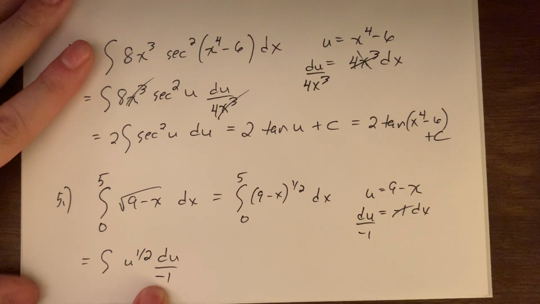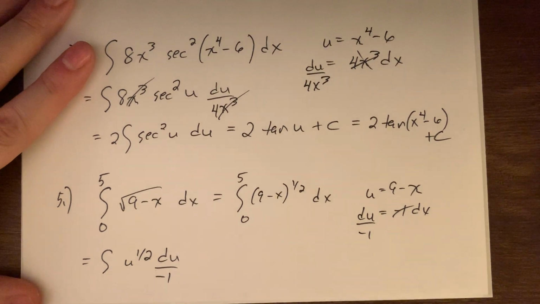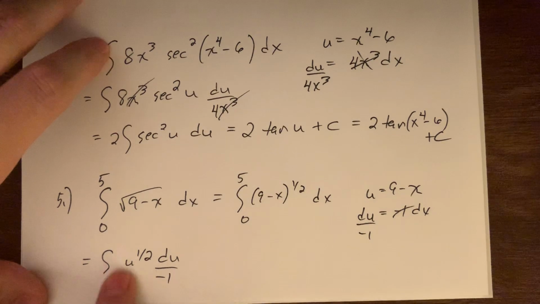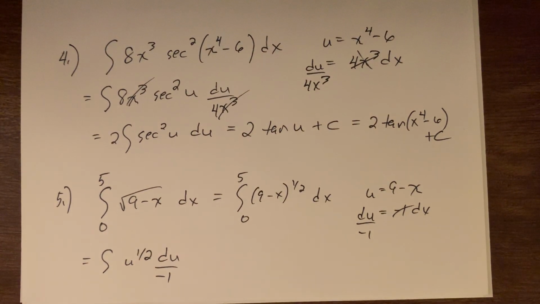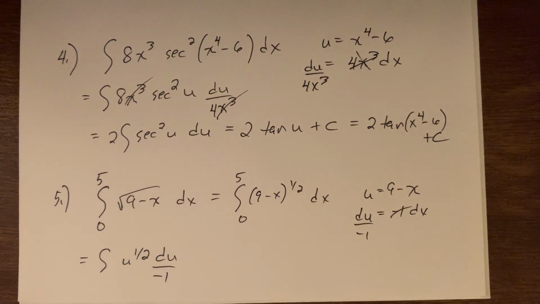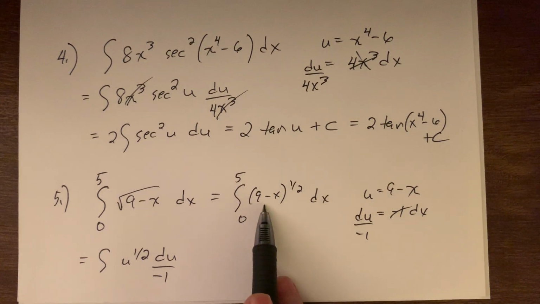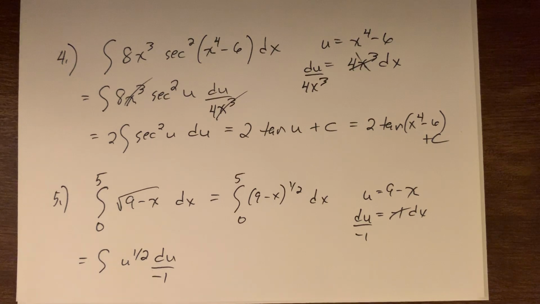And I'm going to talk about pushing the limits. So perfectly fine antiderivative, a minus 1 in the denominator, a minus 1 out in front, all the same. U to the 3/2 divided by 3/2. Then back sub to 9 minus x and use the x's of 0 and 5. Of course, that's still legit.